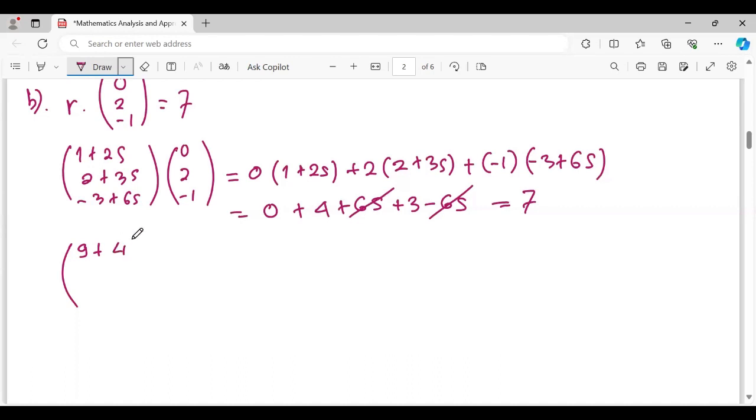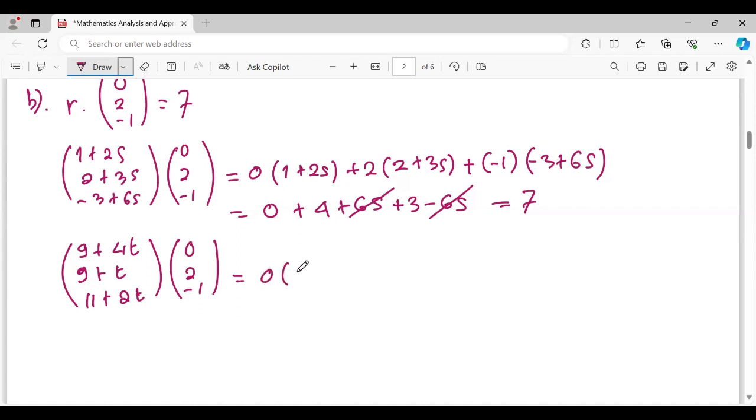(9 + 4t, 9 + t, 11 + 2t) dotted with (0, 2, -1).